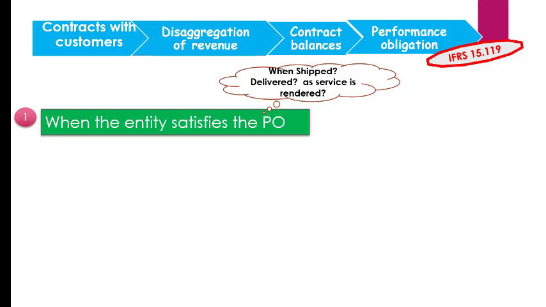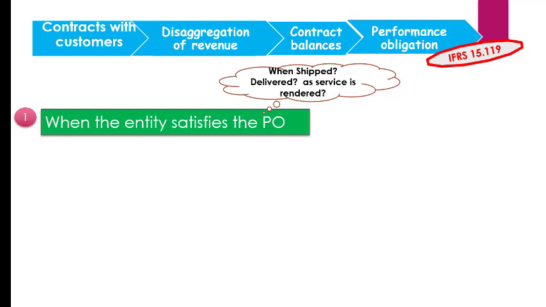So the first aspect is when the entity typically satisfies its performance obligations. An example of this would be that the entity expects to satisfy the performance obligation, which is the sale of goods or the sale of window washing equipment, for instance, when it is delivered, because that is when control transfers. So this is the type of detail they want in these disclosures.